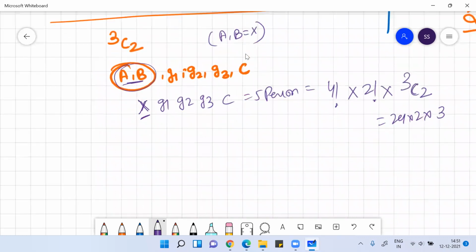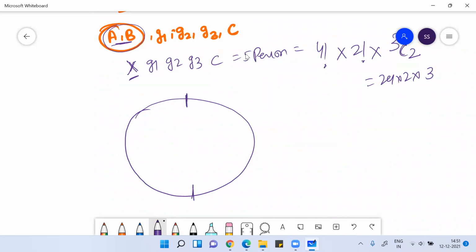So just 5 persons sitting in a circle, wherever I need to choose this X. They're telling any two and only two of the ladies sit together, so the third one should not be there.